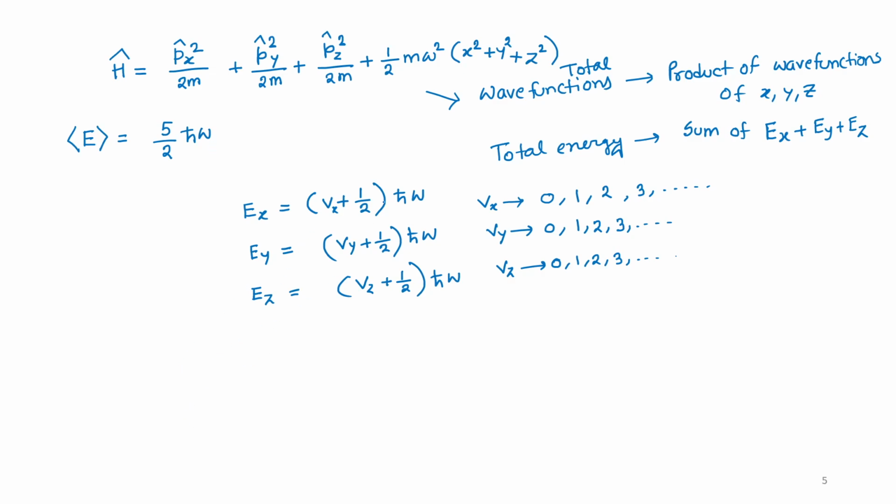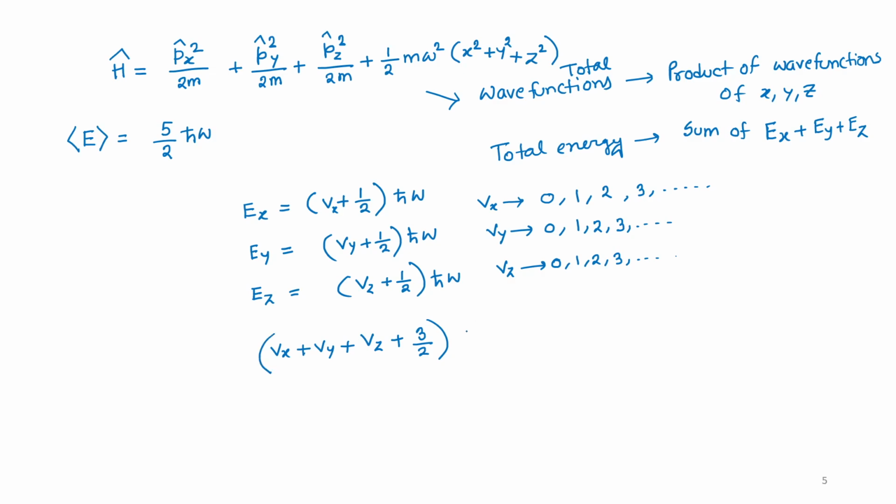So let me add them all up. So if I write it like Vx plus, suppose right now I'm summing them up, right? Plus 3 by 2, right?